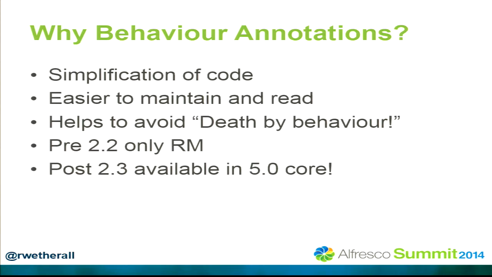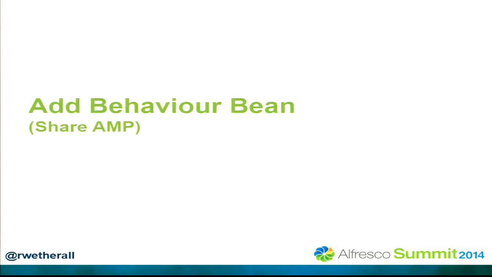Annotations simplify the code quite a lot, and give us a mechanism for maintaining this stuff simply. It's so useful that it's now been merged down into 5. I think it's available in 5.0b, so you can use this stuff in your customizations outside of RM. We'll talk about both of those as we go.